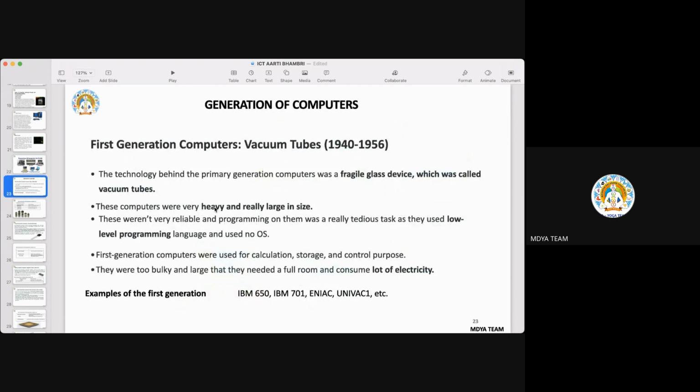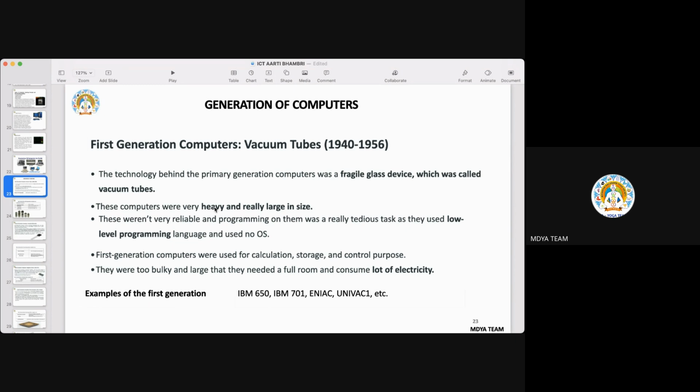Sometimes they ask which type of devices were used in which generation of computers. Yesterday they were asking about the fourth generation computer name, ma'am. Yes, so we'll see.